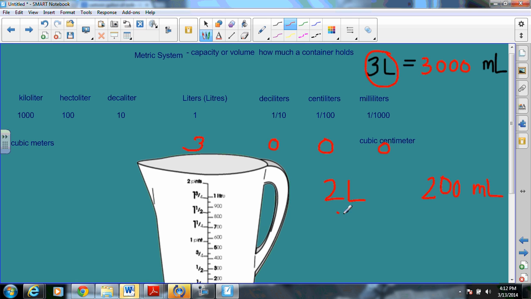For instance, they give you the liters, so you could go to the liter column and write a 2, and fill it in until you get there. 2 liters is actually 2,000 milliliters. And then you can compare that 2,000 milliliters to 200 milliliters, and so you can put a greater than symbol in there. And so that's kind of what we're working with today.